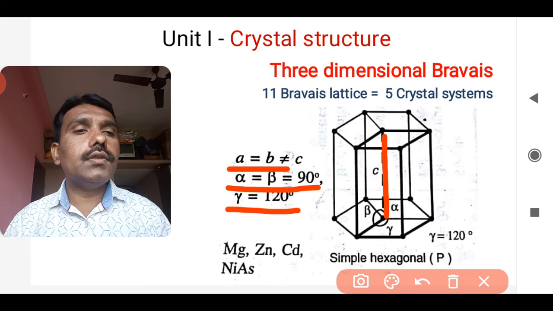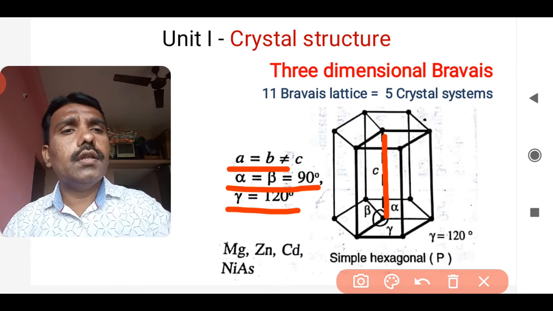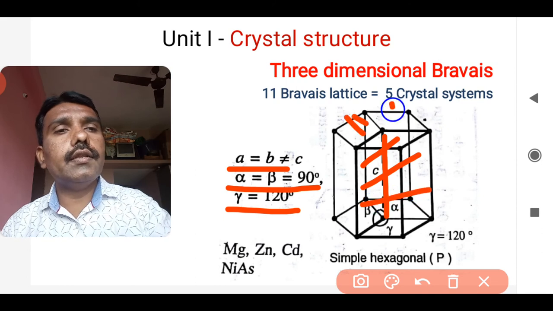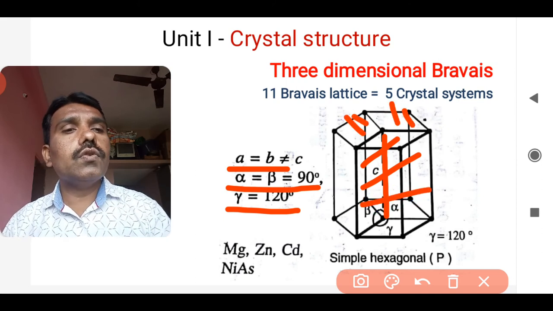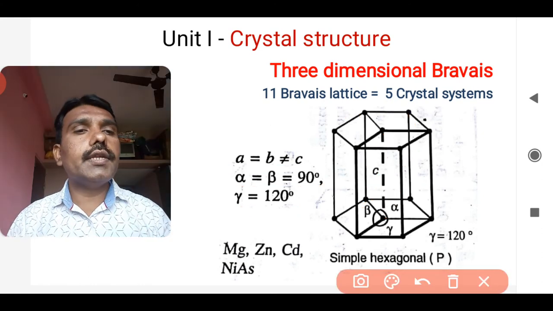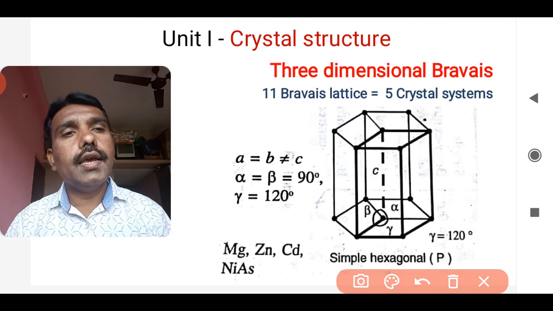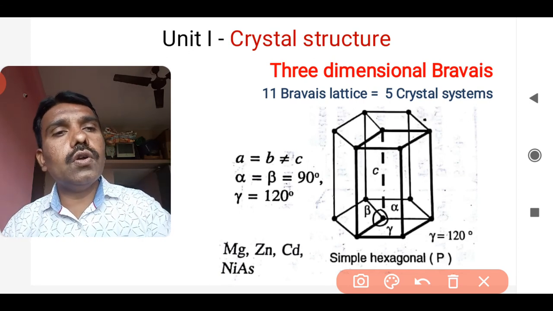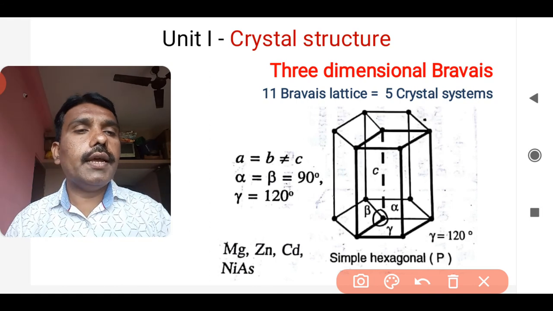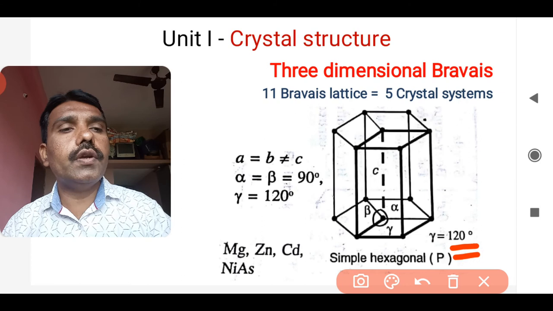Three unit cells are going to be used here. This one is one unit cell, this one is another unit cell, and this one is another unit cell. So these three unit cells are combined here. Now this type of structure gives you the hexagonal structure, and all the points are exactly on the corners, and that's why it is called simple hexagonal, or primitive, so the letter P is used here.